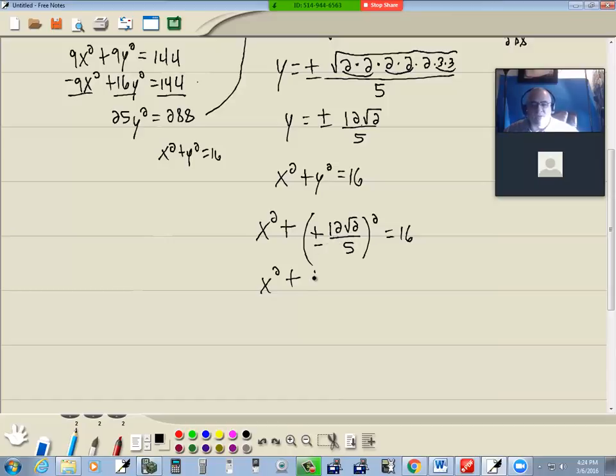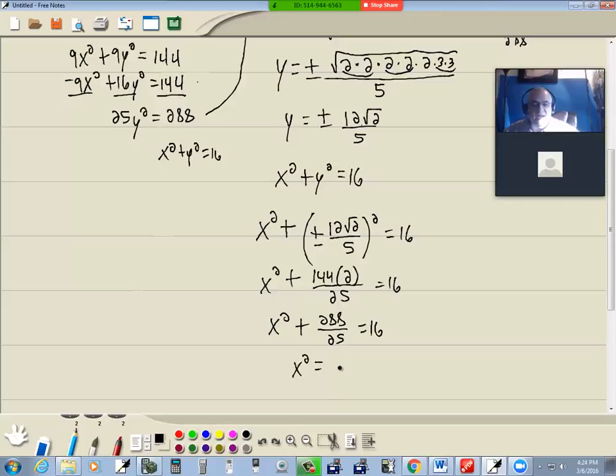12 squared is 144. Square root of 2 squared is 2. And 5 squared is 25. Equals 16. So then we got x squared plus 288 over 25 equals 16.